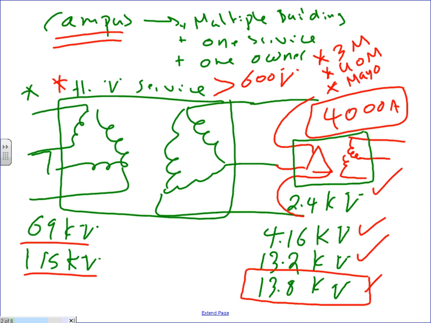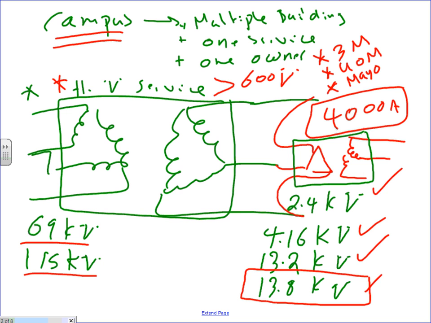So what you do, you take this 13.8, for example, very commonly used, switchgear coming out of this transformer, and you have 5 feeders at 13.8 coming out of one transformer. You take the feeder and put it into a switchgear, medium voltage switchgear, and you take 5 feeders. Feeder number 1, 13.8, let's just say 600 amps, going to building A, and the second one to building B, C, D, and E, and so forth.